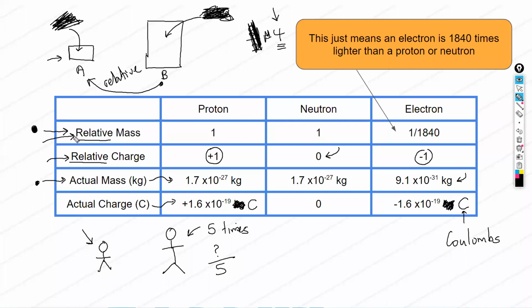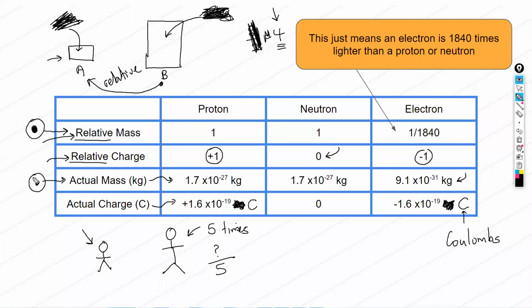You just know who is the heavier one and who is the lighter one. And you know how much times heavier or how much times lighter. So tell me, which one do you all think is more useful? Knowing the relative mass or knowing the actual mass? Which one do you think will be more useful in a lab?